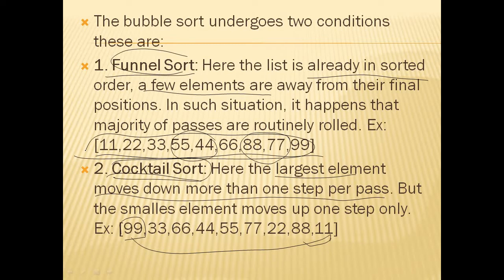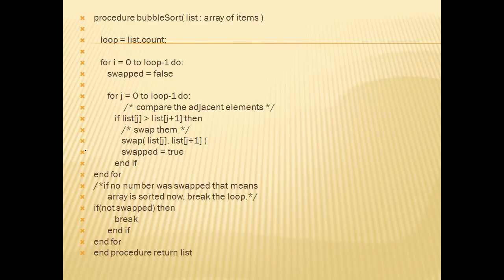Now we go with an example of how we are going to sort, and an algorithm to apply the bubble sort. Here list is an array. Whatever array of items we receive, list will hold them. Next, loop is a variable which contains the size of the array. This is the main logic you should keep in mind: the comparisons only occur for two consecutive adjacent cells.